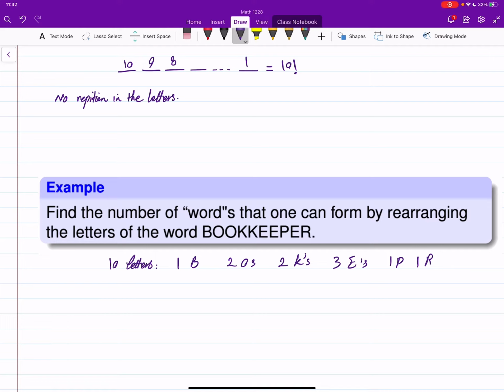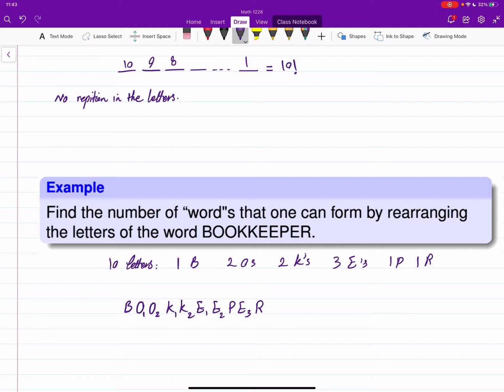For example, this is B, there's only one B. This O I'm going to call O1, this one O2. So I will label them K1, K2, E1, E2. There is one P, so I don't need to label it. Then E3 and R.